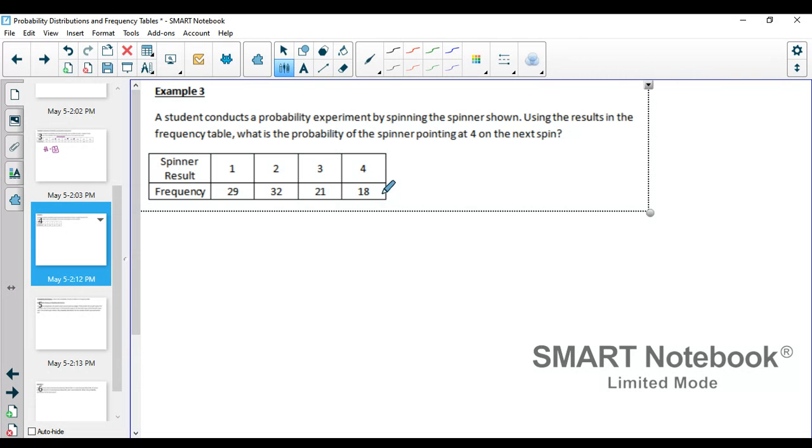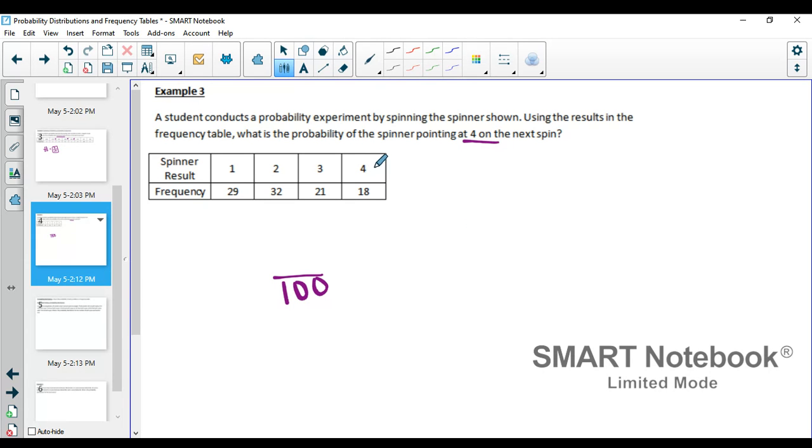He spun this 100 times, so it's out of 100. And then we're finding 4 on the next spin. So you go to 4, and it has a frequency of 18. So 18 out of 100, but that simplifies to 9 out of 50.